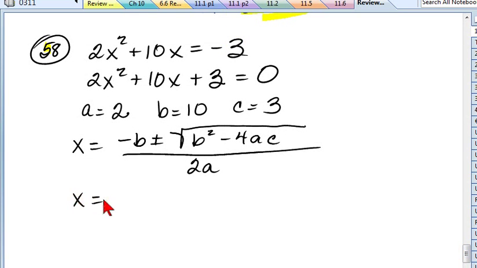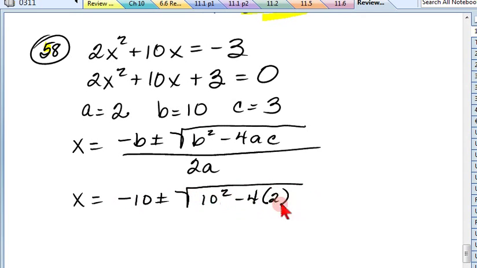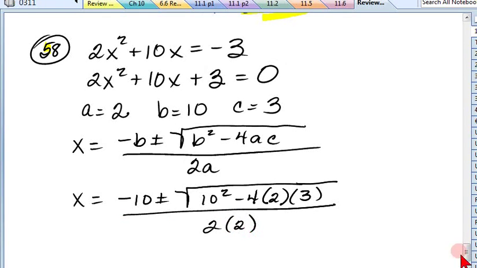So x is equal to -b means the opposite of the b value, which is going to be -10 plus or minus the square root of 10 squared minus 4 times 2 times 3 all over 2 times 2.